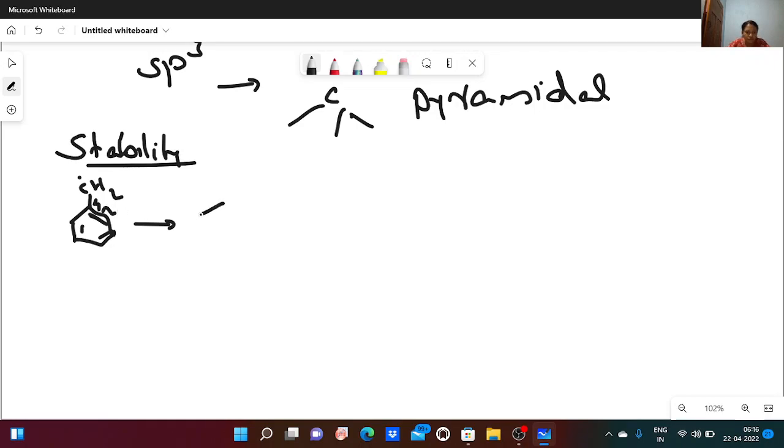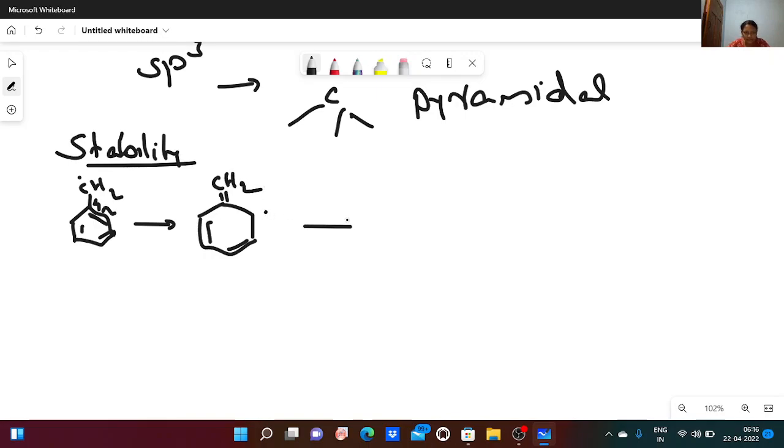So what happened? As a result, a new unpaired electron appears here and another here, and that forms a bond with the unpaired electron that already exists, so it becomes CH2.